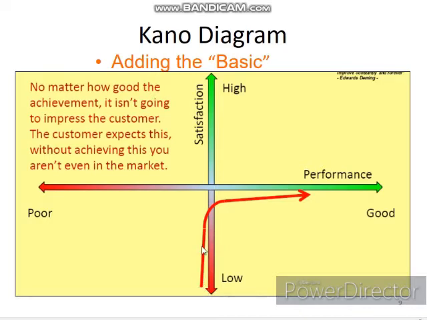And if you excel in that feature, the satisfaction level will not increase that much, because no matter how good the achievement, it isn't going to impress the customer, who expects this. An example of this is in a car.